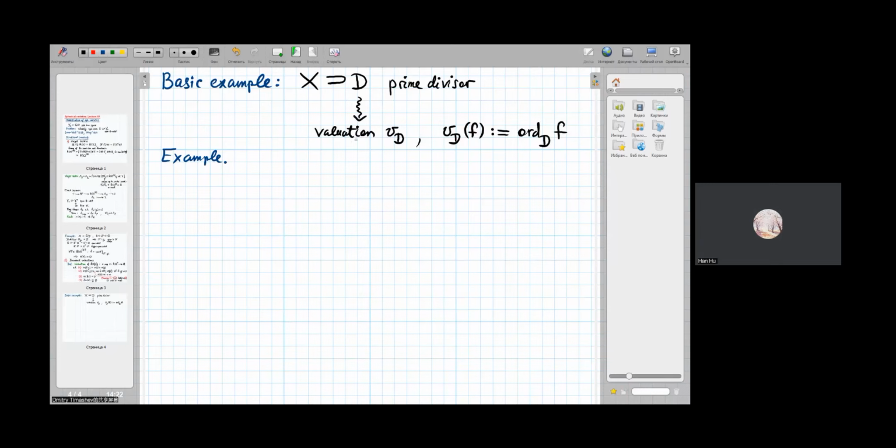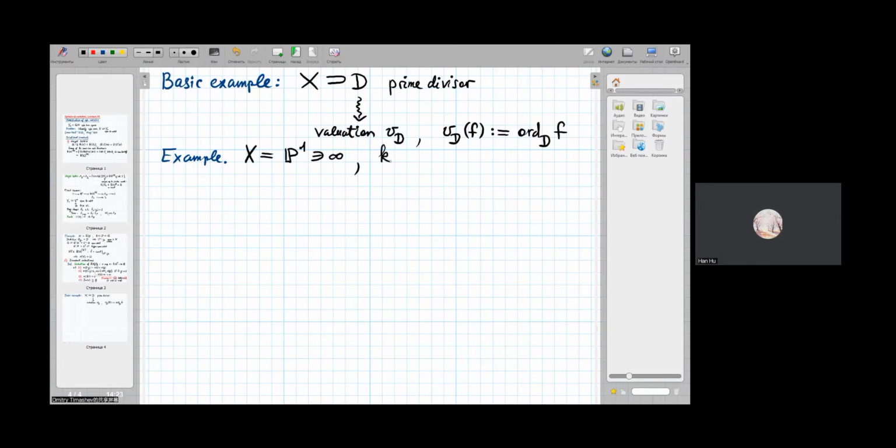Suppose X is just the projective line, X is P1. A divisor on a line is just a point. So let us take the infinity point of P1.